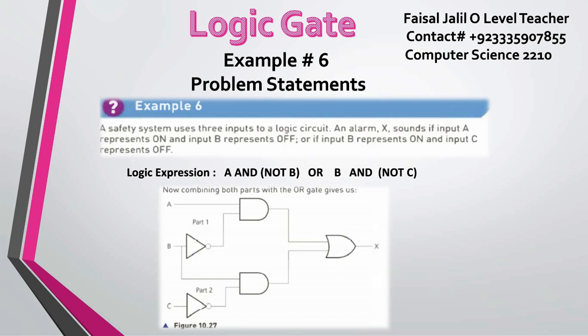Question: we have successfully produced our logic circuit with the help of the problem statement. Now if you have a question, you can ask. If you have any query, please ask now, because after that we have to jump towards example number 7.